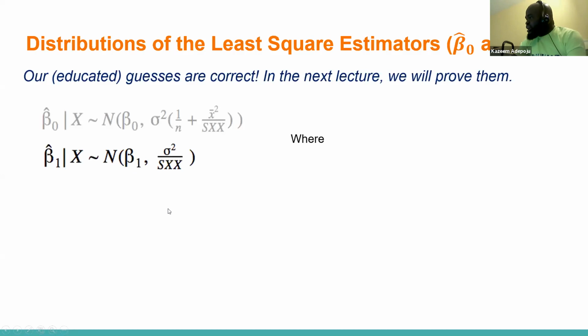And don't forget, for beta naught cap, the expected value of beta naught cap is this. The variance of beta naught cap is the whole of this. Can you see that? Which means when you look at beta naught cap and beta 1 cap, they have a different mean and different variances.